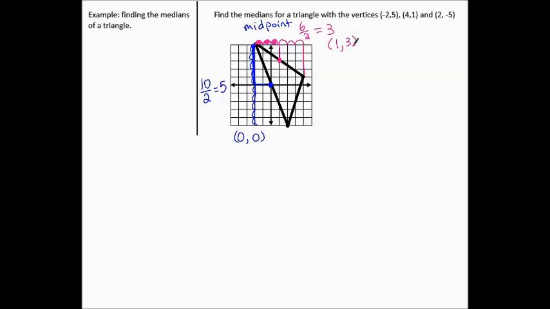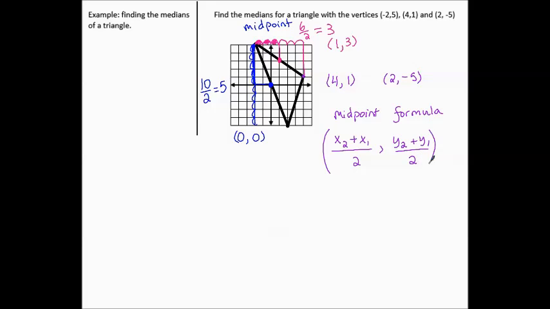Another method you can use for getting the midpoint is to use our midpoint formula. So if we start from point (4, 1) going to point (2, -5), I know that my midpoint formula states that my x-coordinate will be x2 plus x1 divided by 2, comma, y2 plus y1 divided by 2.